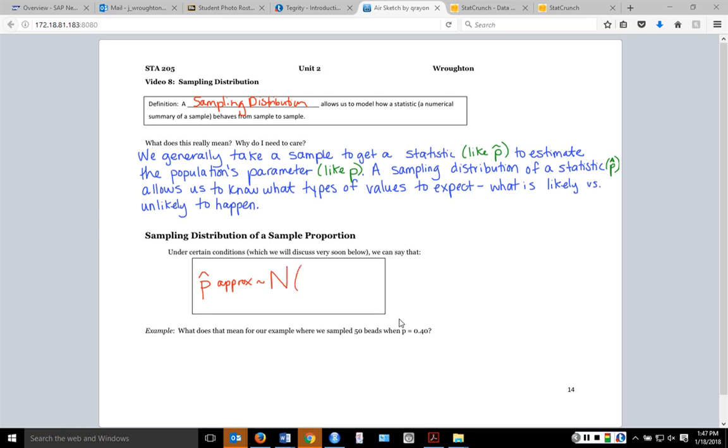The two things we need to know are the mean of my normal distribution and the standard deviation. The mean is p, and the standard deviation is the square root of p times 1 minus p over n.